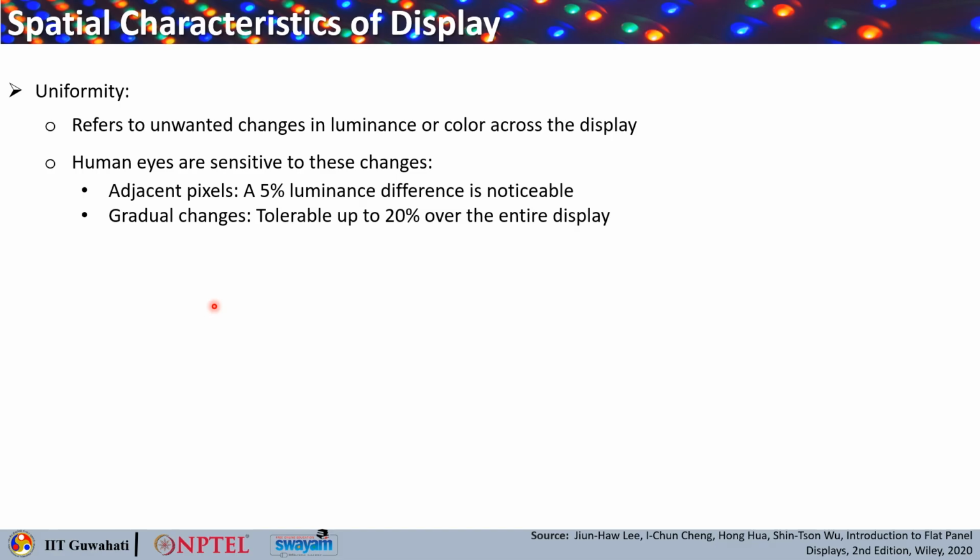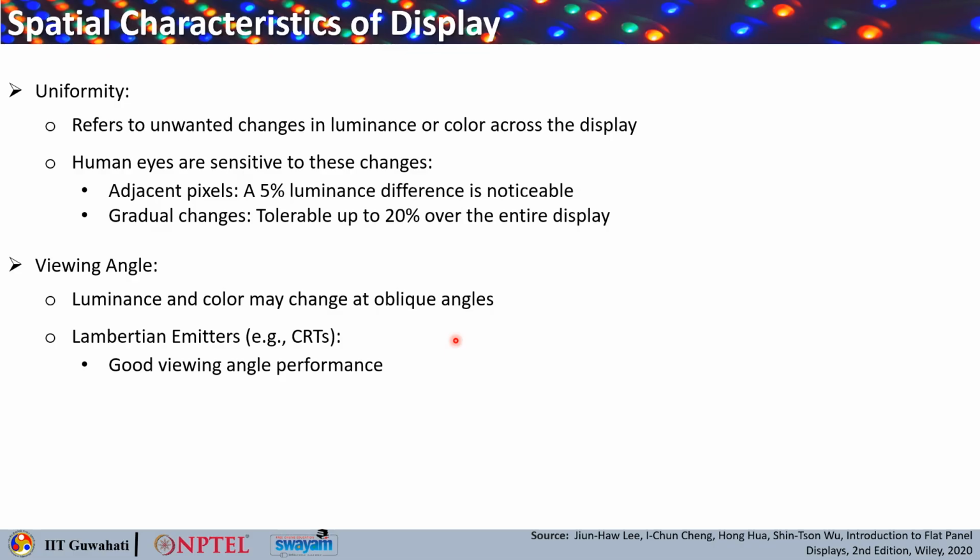Human eyes are sensitive to this kind of change, and between adjacent pixels, whenever there is a 5% luminance difference, it becomes noticeable, and whenever there is a gradual change across the entire display, up to 20% we are tolerant.